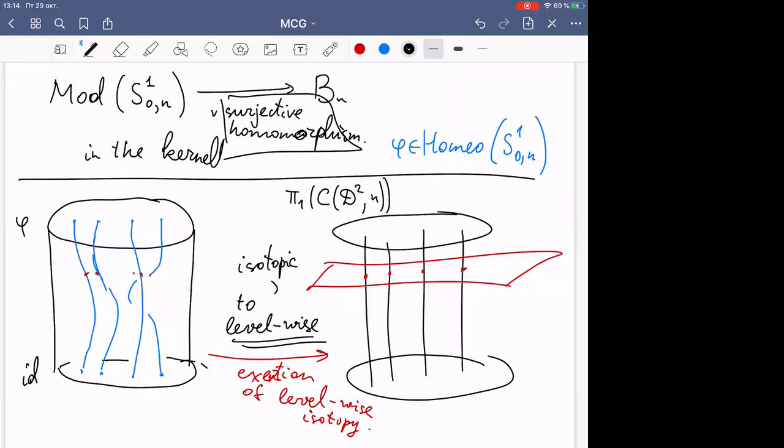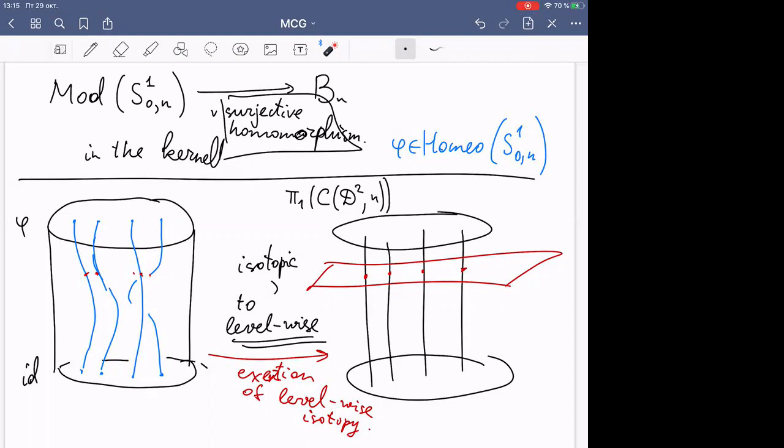We have an isotopy on this number of strands, and we would like to extend it to the whole cylinder, to the three-dimensional situation. The only difficulty here is that before we always used extension of isotopies only from dimension 1 to dimension 2, from dimension 0 to dimension 2.